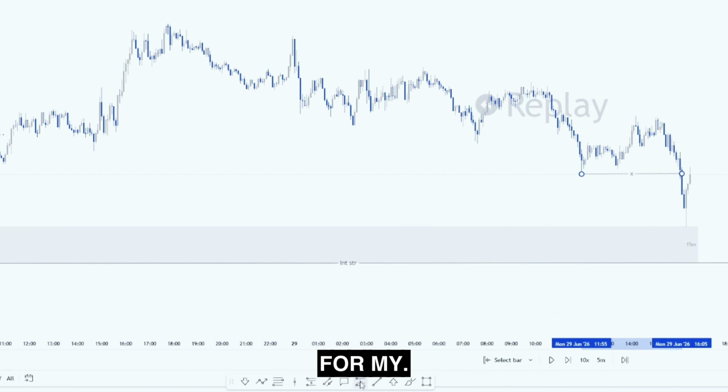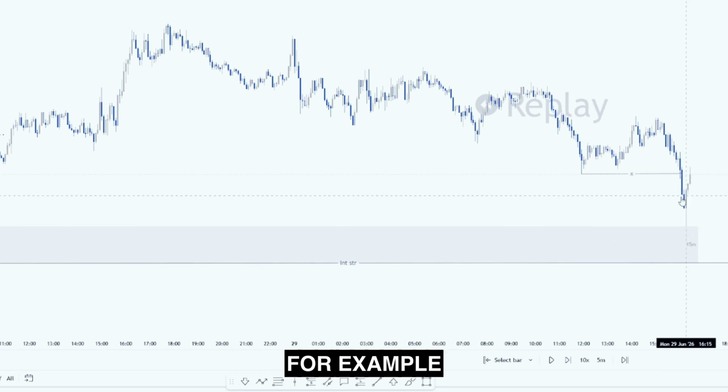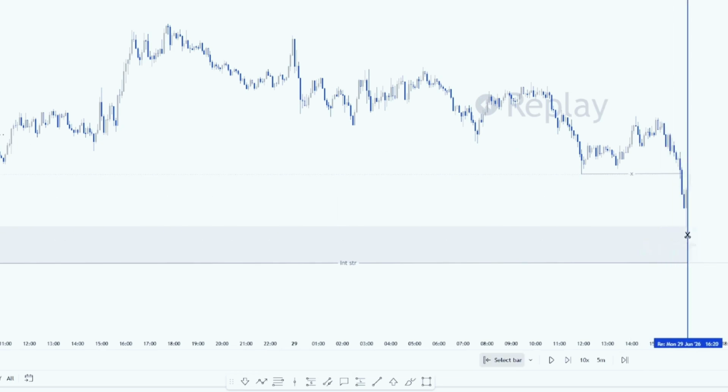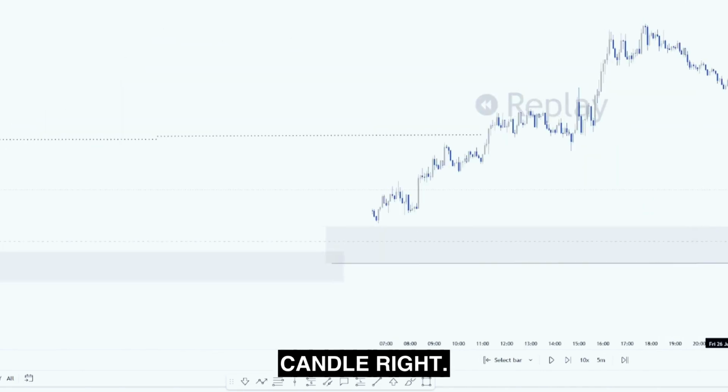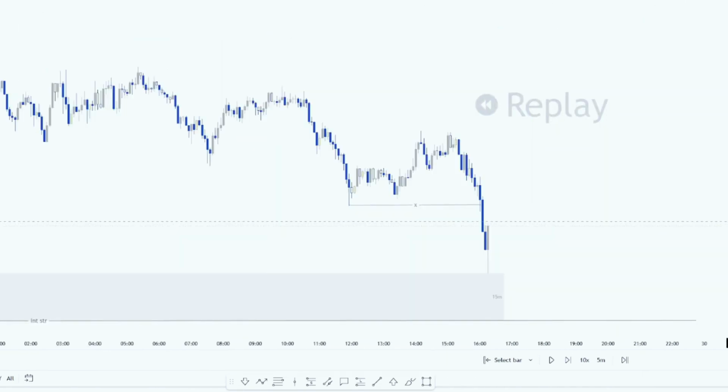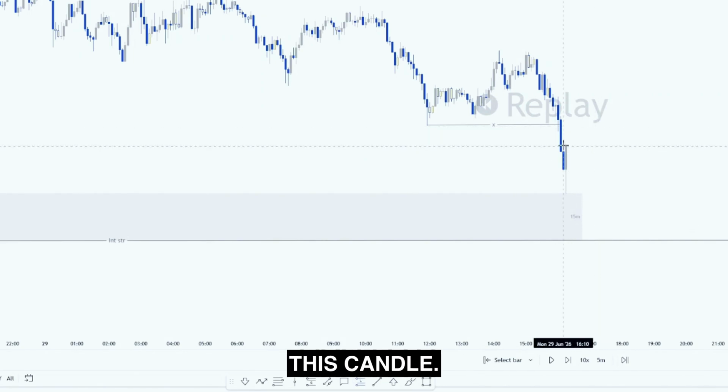So as I go in for my buy, usually if I want to go in for a buy or sell, I wait for the first bullish candle. So this is the first bullish candle, right? As this is the first bullish candle, I enter in front of this candle.